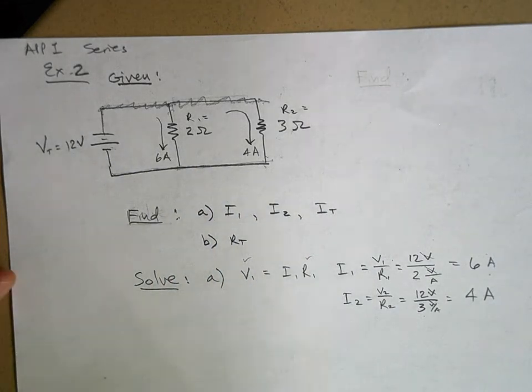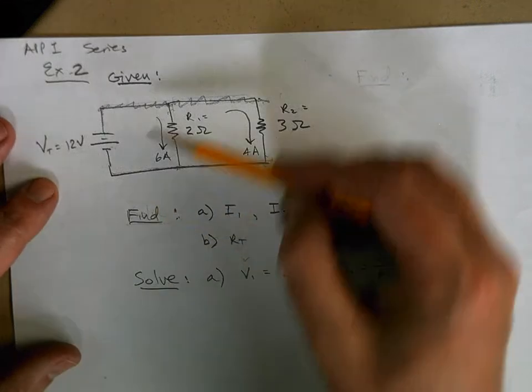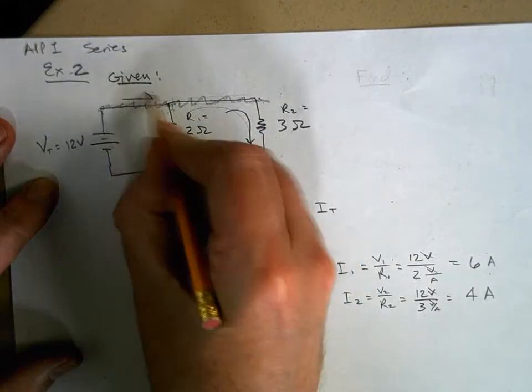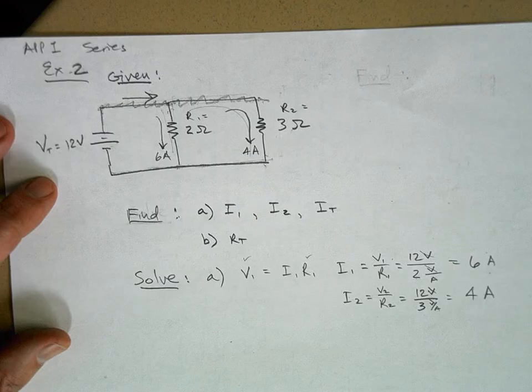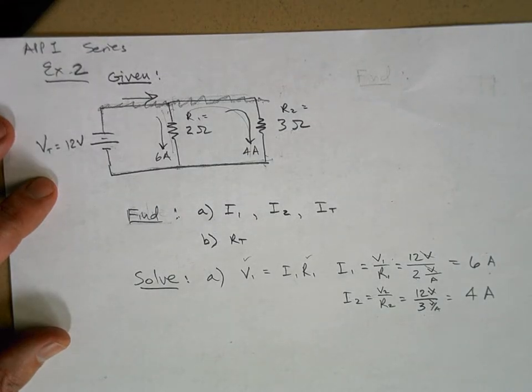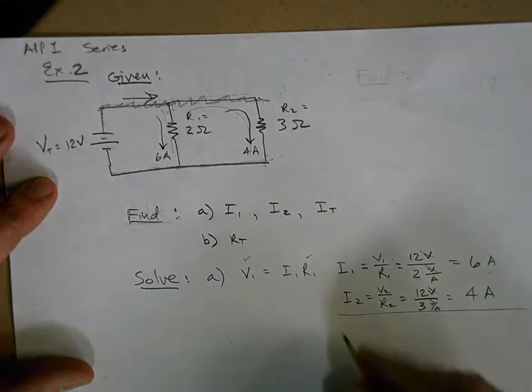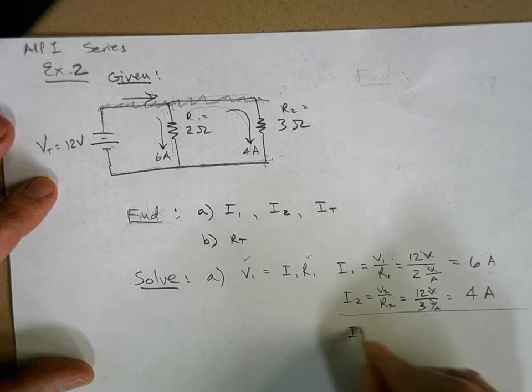So what's the total current? Well, if I got 6 amps going here and then 4 amps going through here, how much has to go into that junction? It's got to be 10 amps, right? Okay. I think they're actually nodding their heads. They're not all asleep.